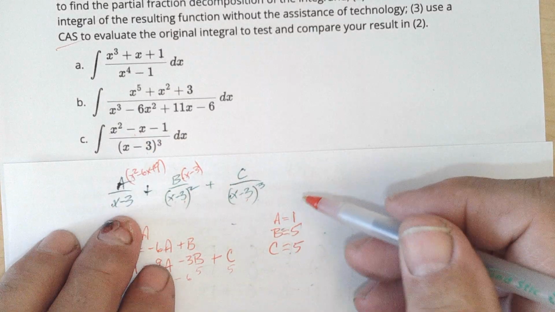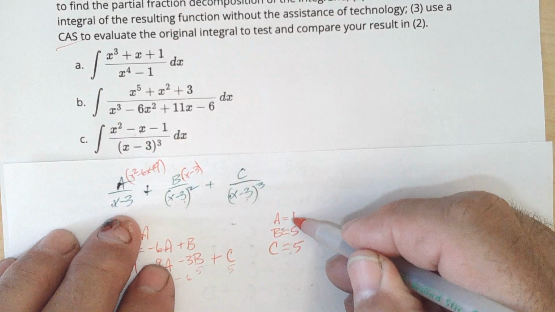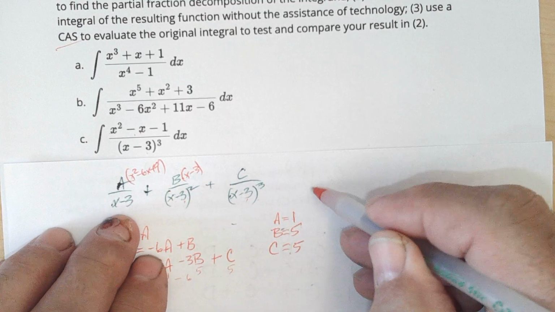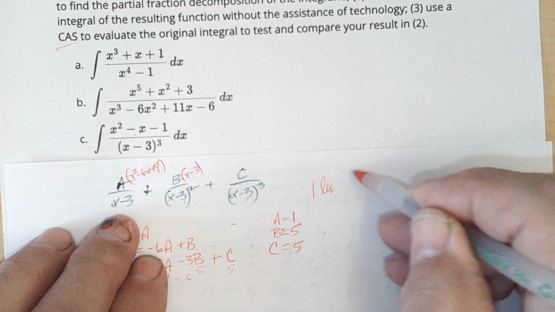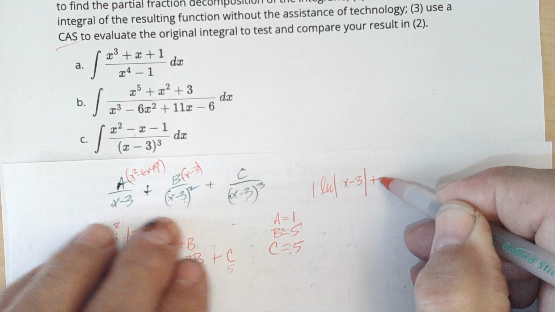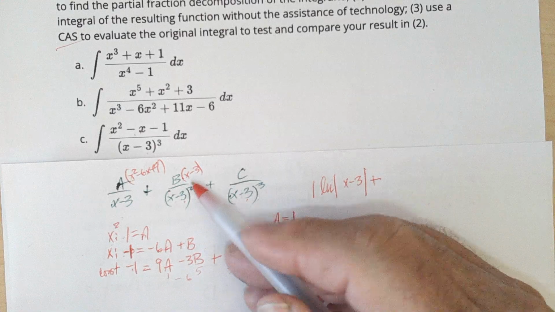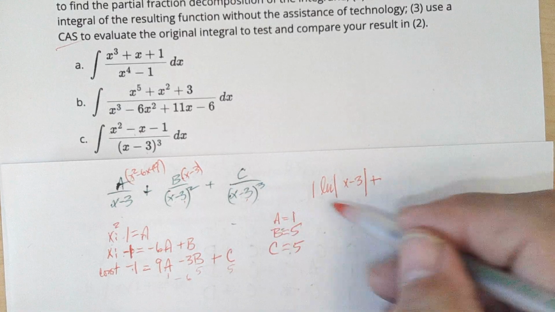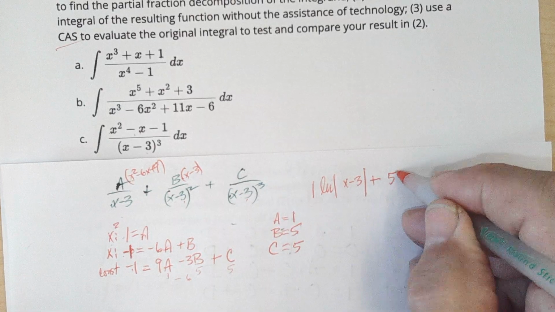So the integral of this changes to 1 times 1 over that, which is 1 times ln x minus 3, plus. This is going to be 1 over u squared. B is 5, so 5.